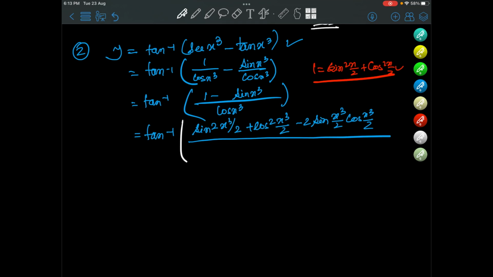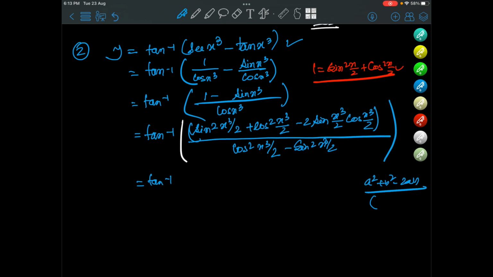Now we can write cos x cube as cos square (x cube by 2) minus sin square (x cube by 2). In the numerator, this is a square plus b square minus 2ab, so what is the formula? It is (a minus b) whole square. So we can write it as (cos x cube by 2 minus sin x cube by 2) whole square.